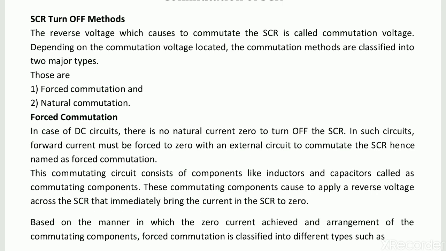By adjusting the values of inductors and capacitors, we can provide reverse voltage across the SCR. Reverse means the cathode is positive and the anode is negative. Due to this reverse voltage, the SCR will immediately turn off.